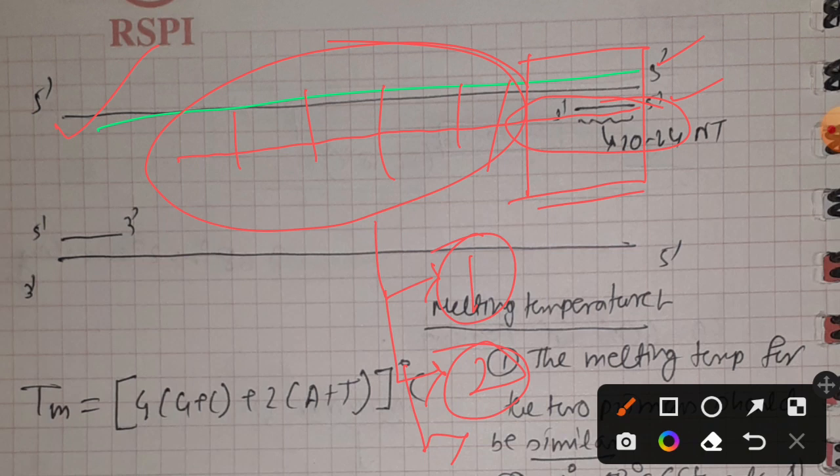Suppose at position 15 you have T, and after that from 25 you have again A. As they are complementary, there is a possibility that they can form a secondary structure, and if it happens, then they cannot bind well with the 3' end of your template, and that can affect your PCR yield.